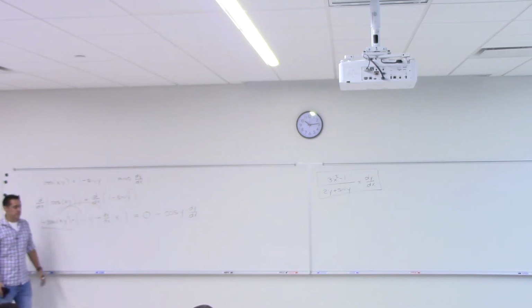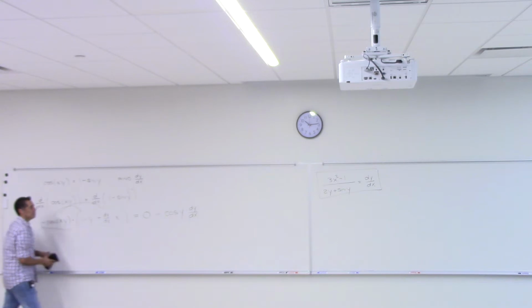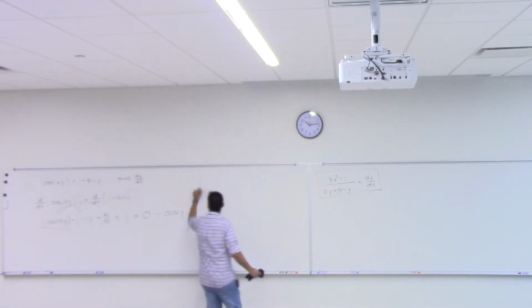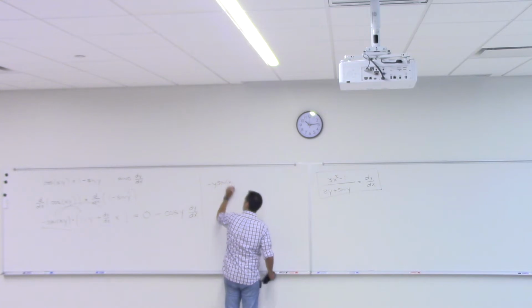Yeah, it sucks, but that's what you're going to have to do. So negative sine of xy times this first term. This is really just y, so I just need to multiply y times that. Won't that give me negative y sine of xy? Yeah, sine of xy.